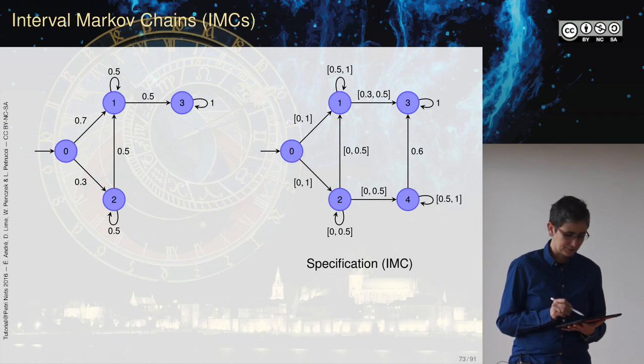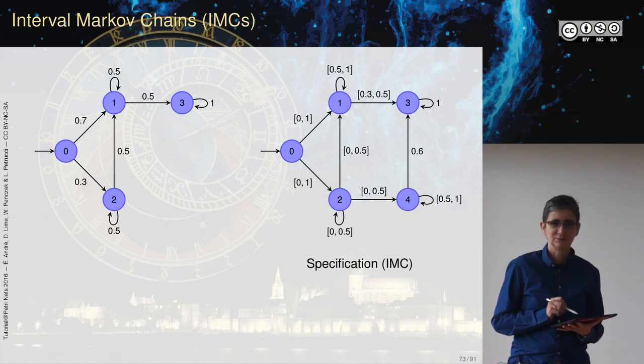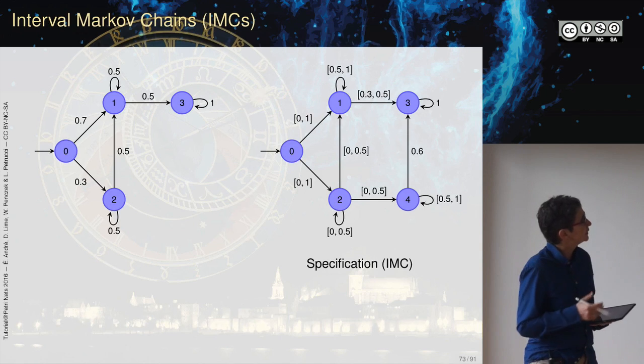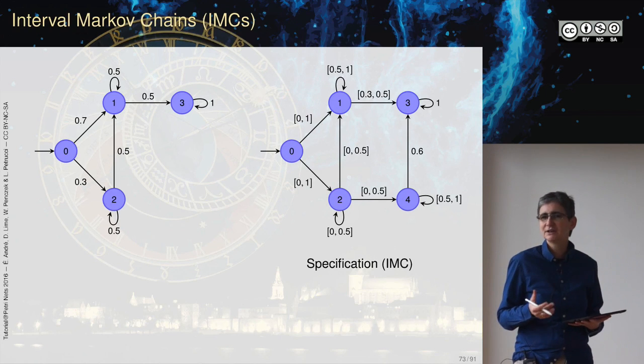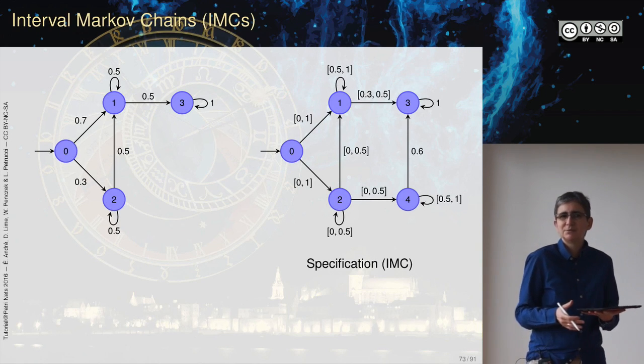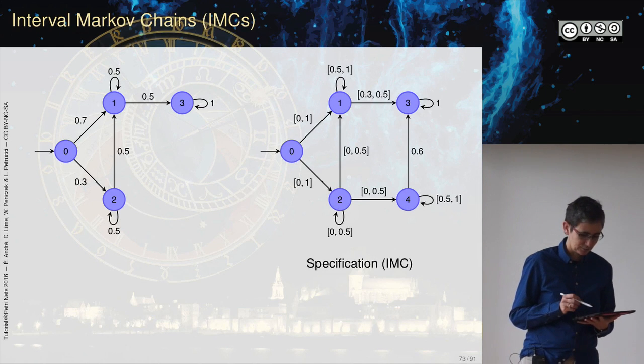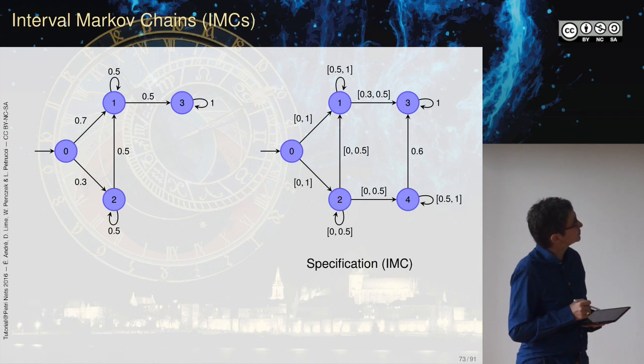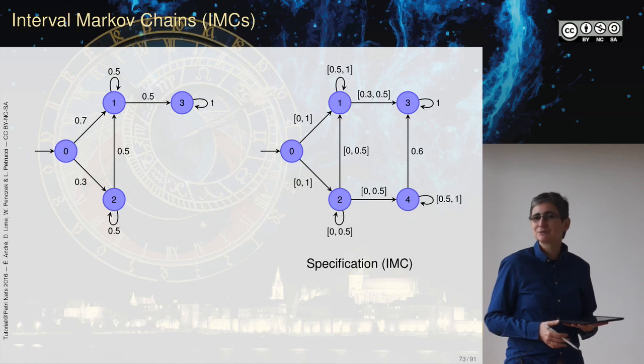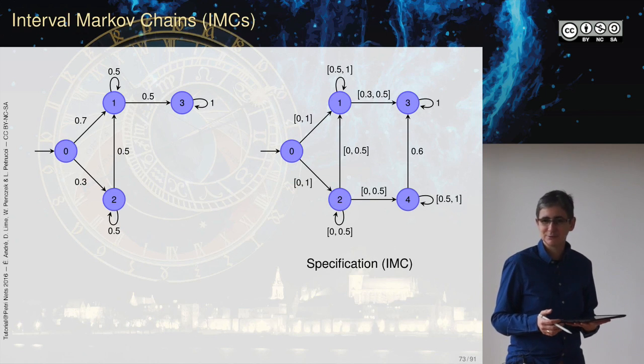Here from 0 to 1, it's a probability between 0 and 1, and from 0 to 2, it's also a probability between 0 and 1. So in this case, you don't know the actual value, but you know it's bounded in some interval. From 0 to 1, it's not very interesting because it's all possible probabilities.